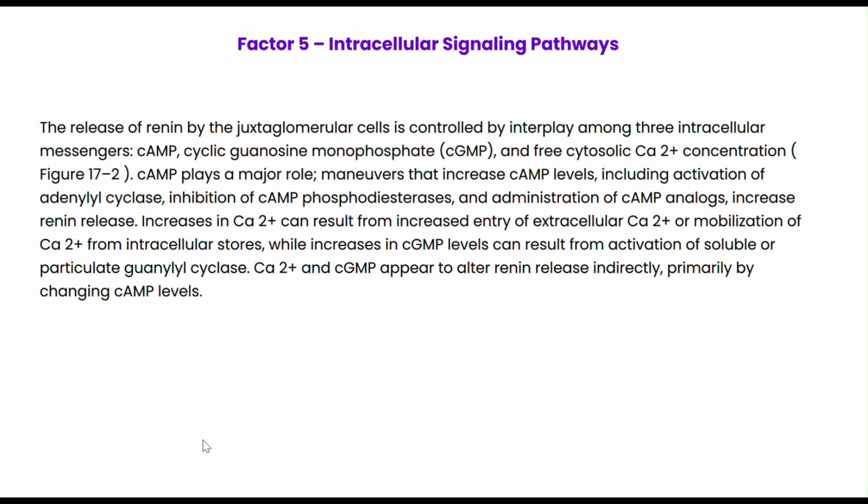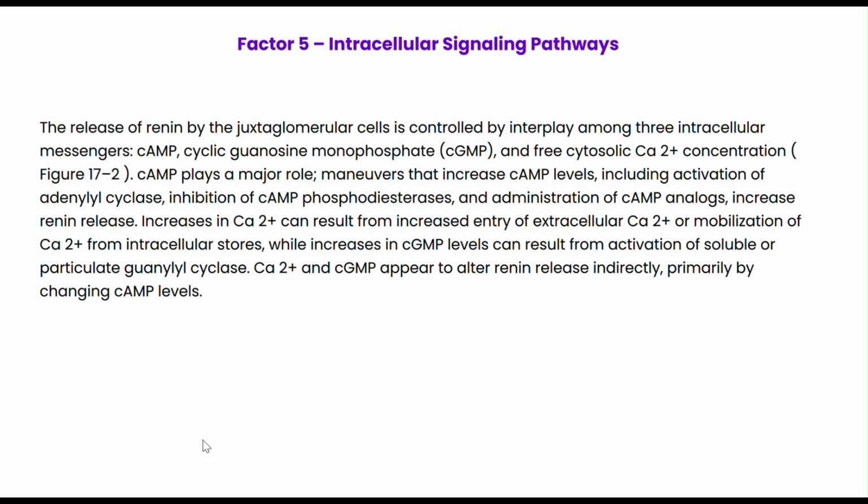Now, the second chemical messenger is cyclic GMP, or cyclic guanosine monophosphate. cGMP plays an indirect role by modulating cyclic AMP. High levels of cyclic GMP tend to reduce cyclic AMP levels, leading to less renin release.